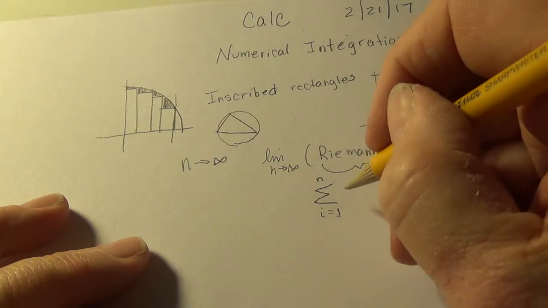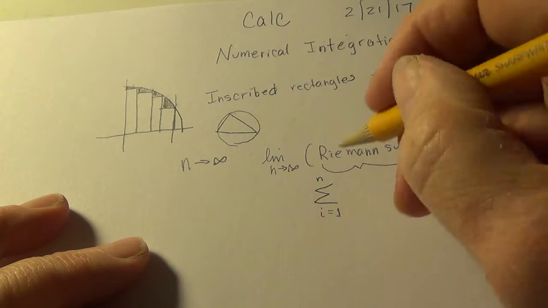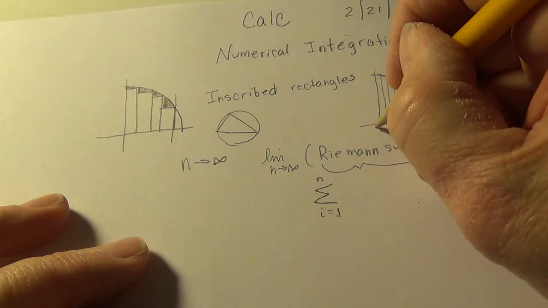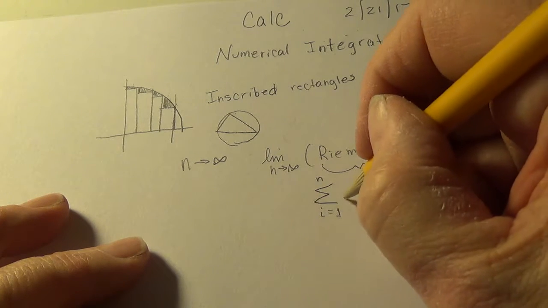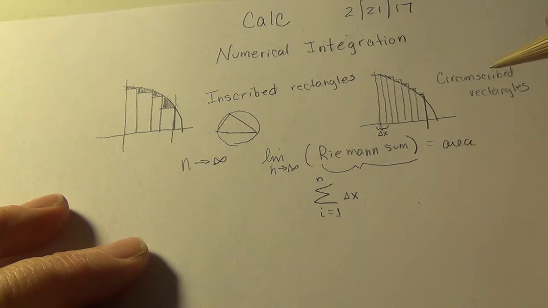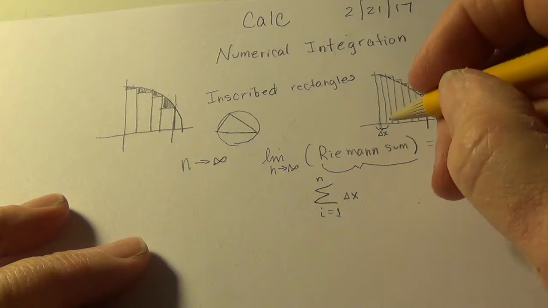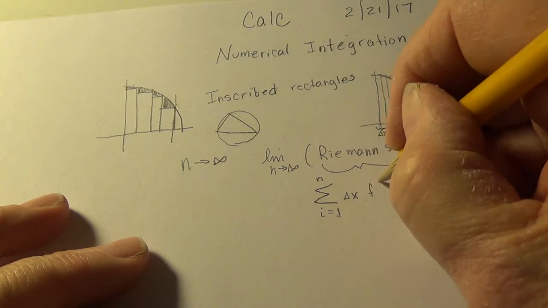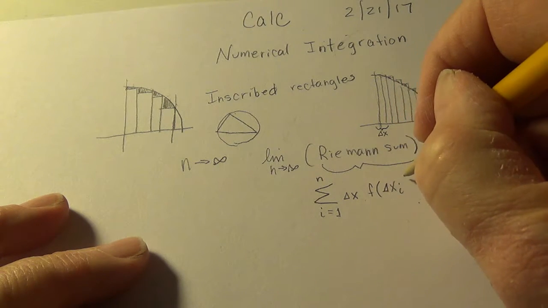And what am I going to multiply to get the area for each of these rectangles? Well, one thing I'm going to have is the width of the subinterval. So I'll call that change in x. And then I'm going to have the height of the subinterval, and I'm going to call that f of x sub i.